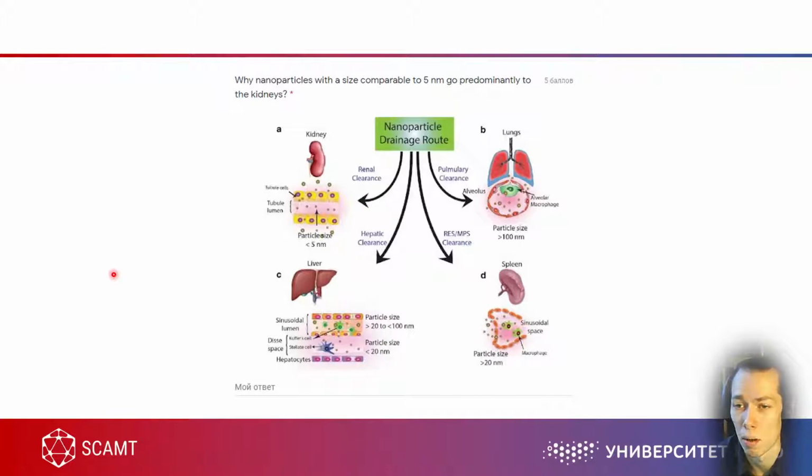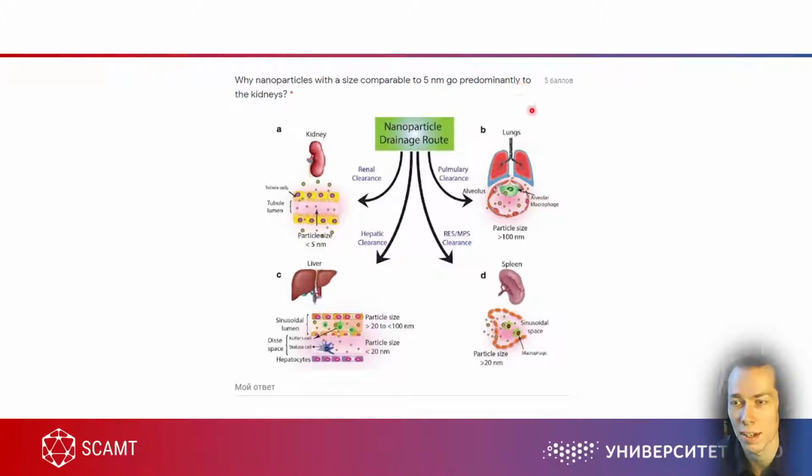About kidneys, almost no one gave a right answer to this question, because probably you did not understand the question. Again, the question was, why nanoparticles with a size comparable to 5 nanometers go predominantly to the kidneys? The question was not why kidneys filtrate such particles. The question was why they go to kidneys.